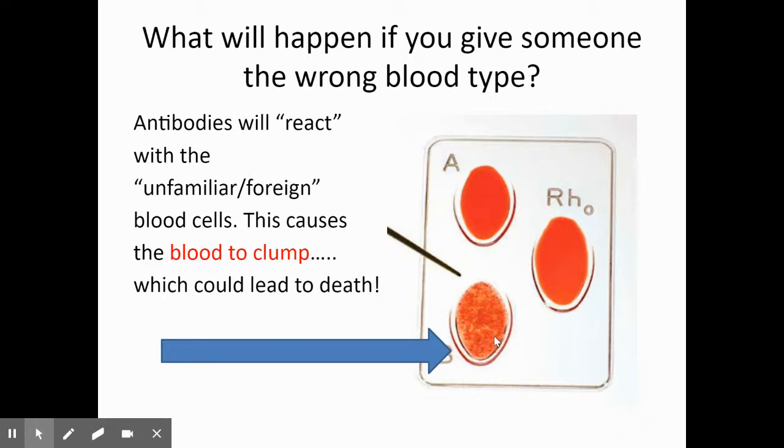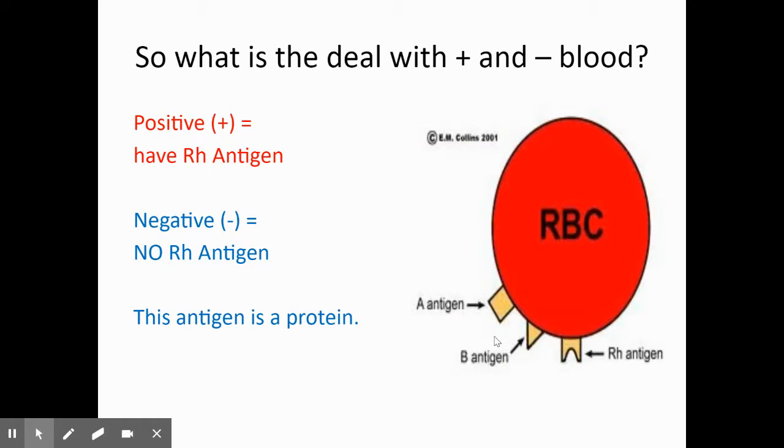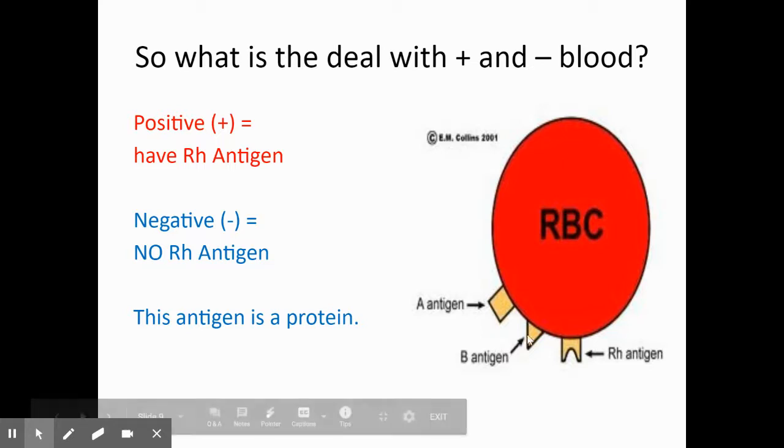And we don't want the blood to clump because that could possibly be fatal. Now, the other question that students always ask is, what's the deal with the positive and negative? I'm O positive, or I'm O negative, or I'm B positive, or I'm B negative. So the positive and the negative, there is an extra antigen. It's called the Rh antigen.